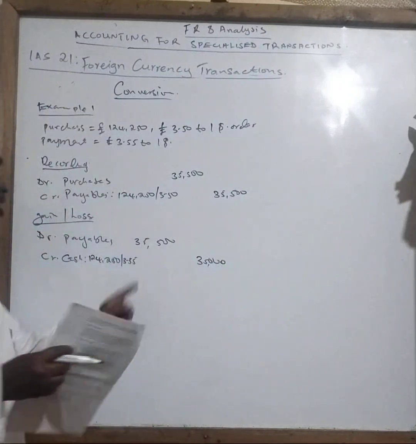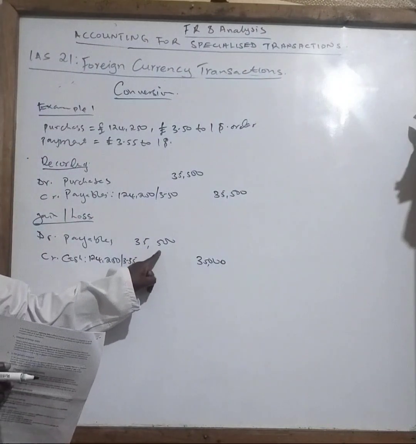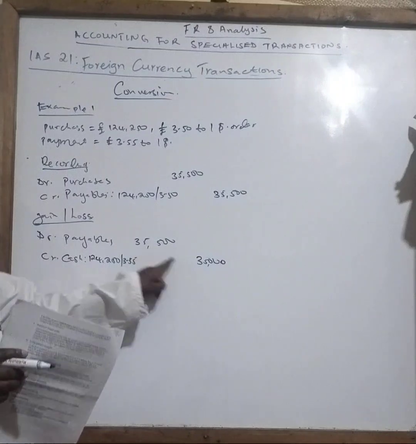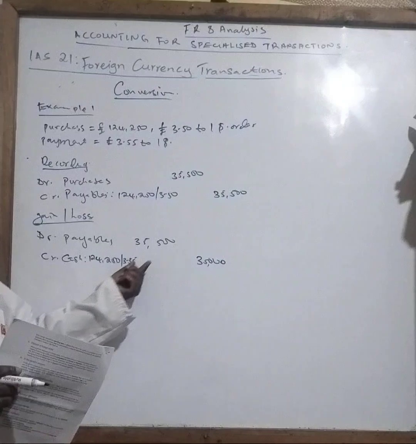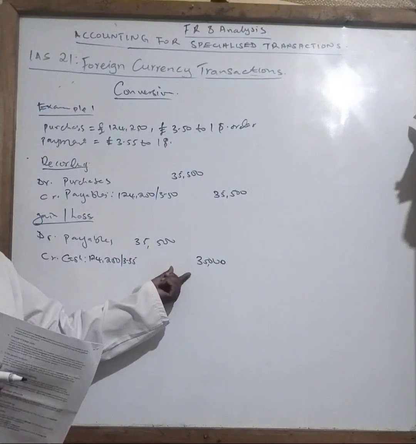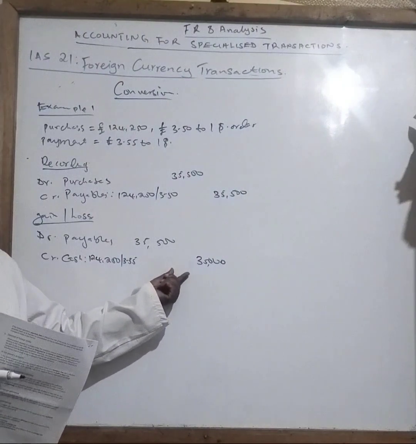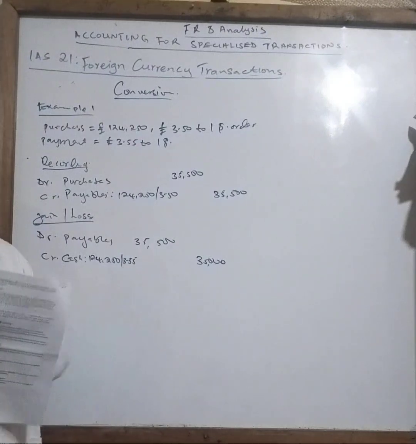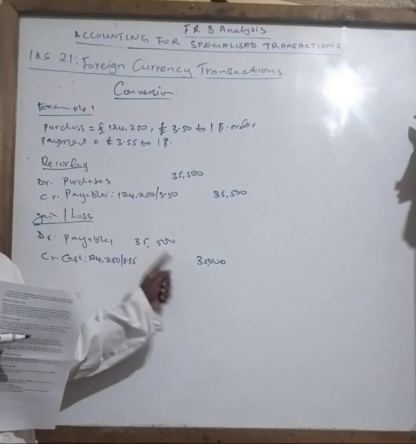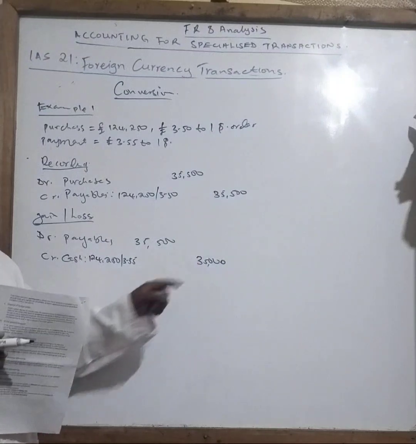You can see, instead of paying 35,500, you are paying 35,000 based on the exchange rate. Therefore, you are paying less than what is expected. So you have an exchange gain, which is a benefit to you as a company. Gain of how much? For it to be complete, 500.